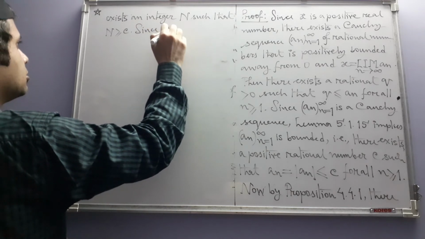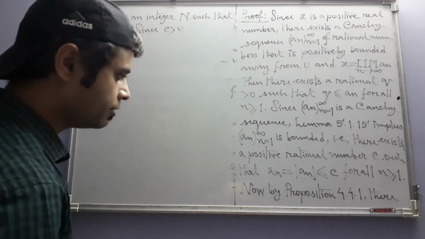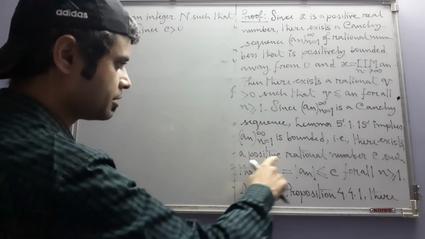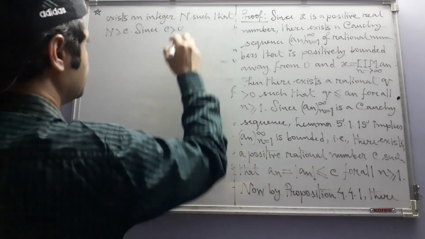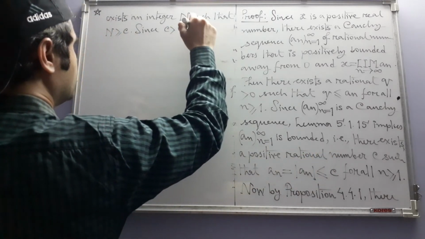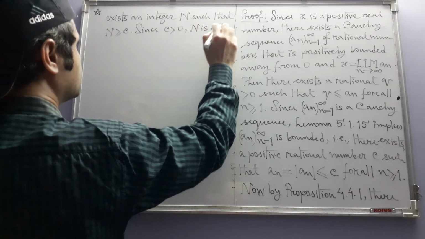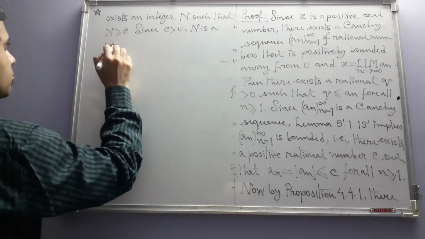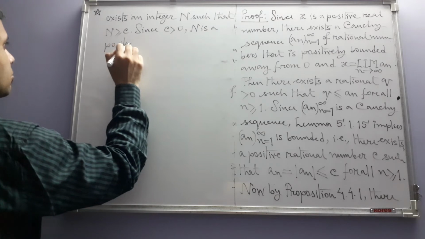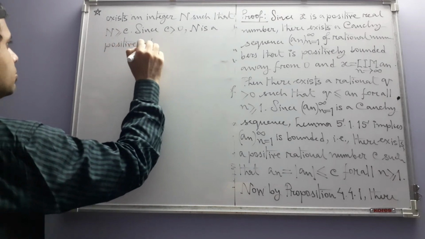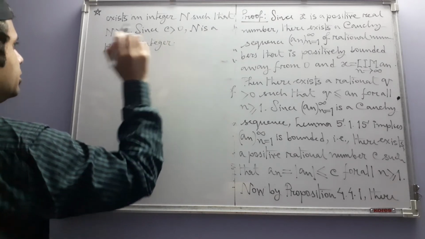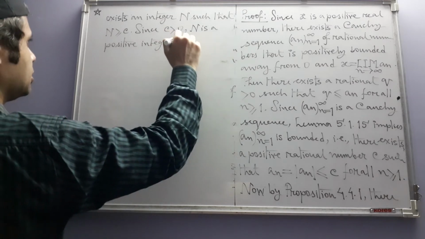Since C is greater than 0, because C is a positive rational number, N is a positive integer. So what do we now have?